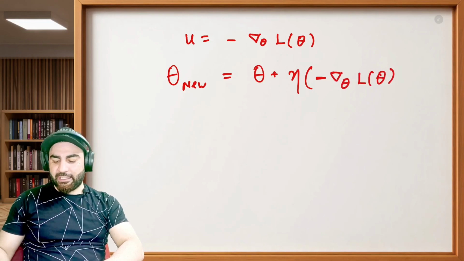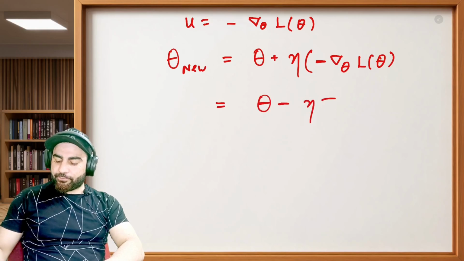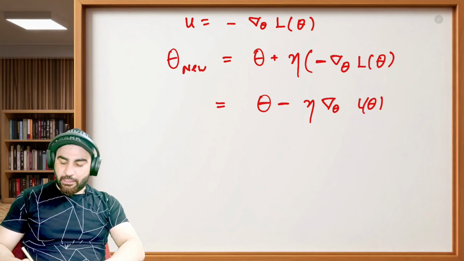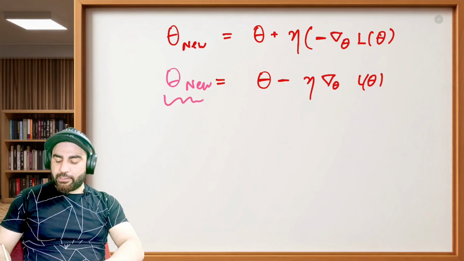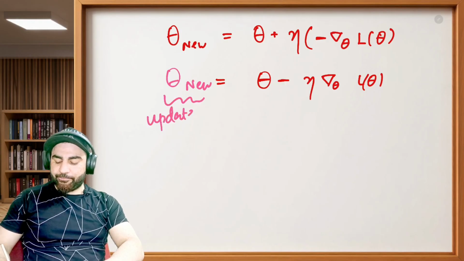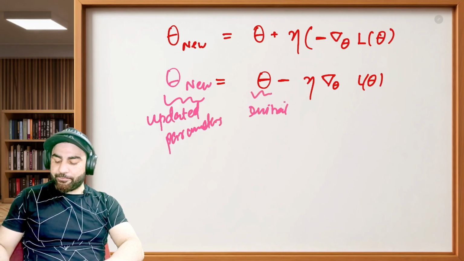The initial theta and the gradient. So simply you can write theta minus eta delta theta. This portion over here is theta new, the updated parameters, and these are our initial parameters.